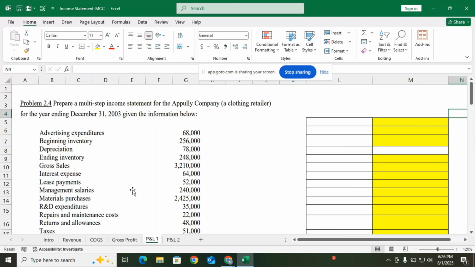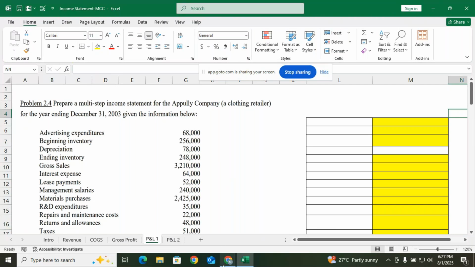Please open this file and we'll begin with the generation of the income statement. Here we have got the list of expenses and the other entries as well.